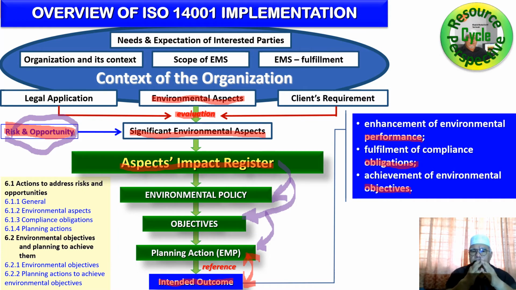And I've shown you, once you have done your identification of environmental aspects correctly, accurately, hopefully, then you formulate your environmental policy. Not policy first, please. It's wrong. You get misled with your policy, and sometimes your policy is just superficial. It can be superficial, but it has got to be reflected in the environmental objectives, planning actions to achieve, and your intended outcome. Okay, got it?